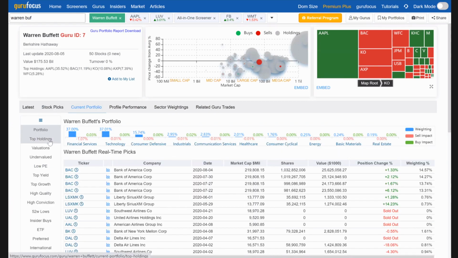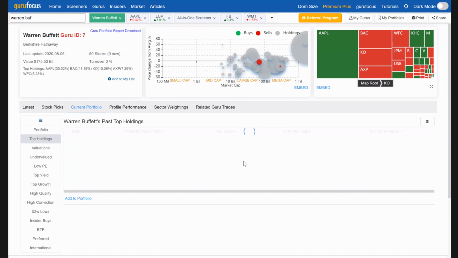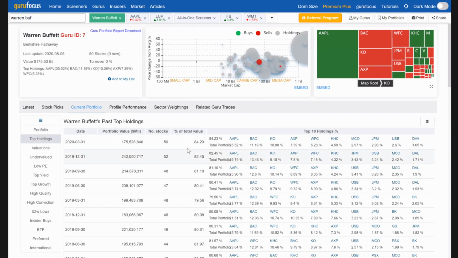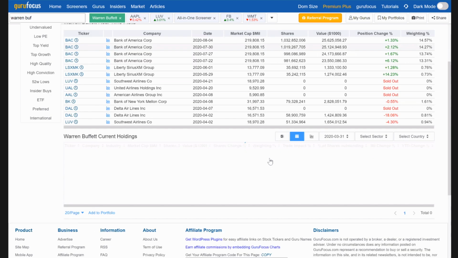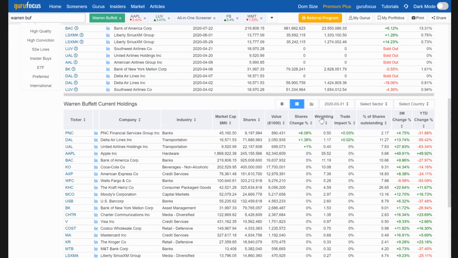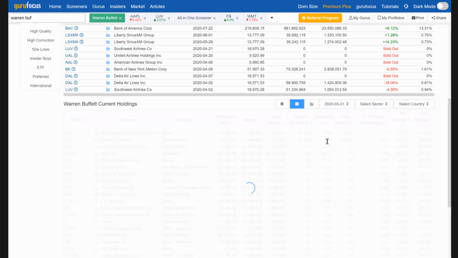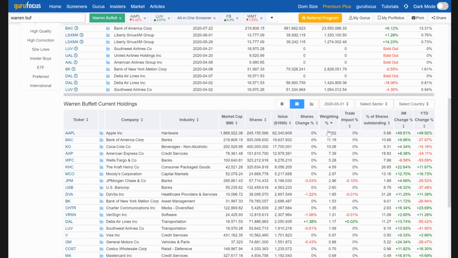We have a top holding button here. It shows the historical top holdings, but you probably want to see the current top holding. You can click on this weight and it will be sorted by the weights. For instance, Apple is 35% of Warren Buffett's portfolio as of the last quarter end.